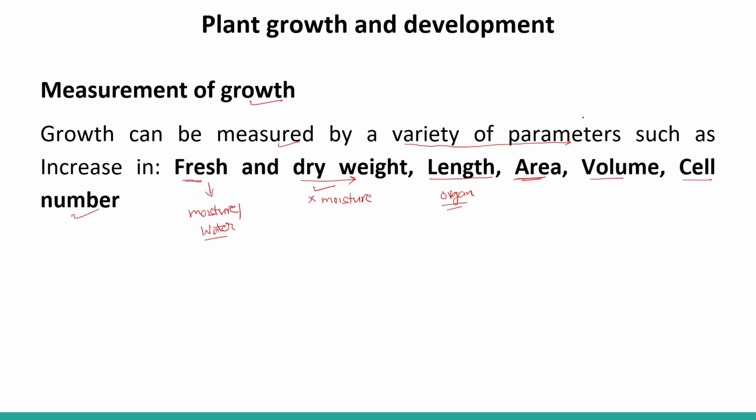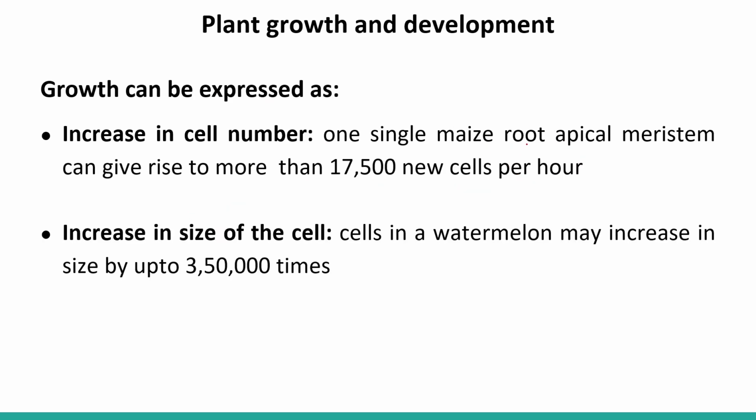So growth can be measured in a lot of ways: change in fresh and dry weight, increase in length, area, volume, and number of cells. Now again, these are some of the examples.